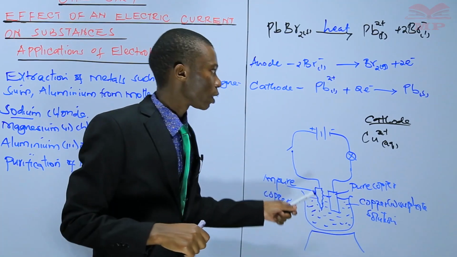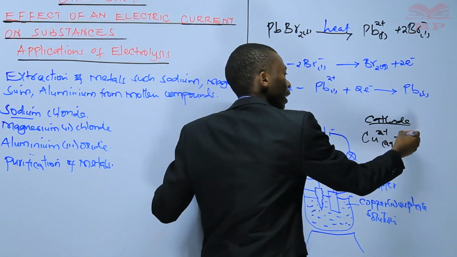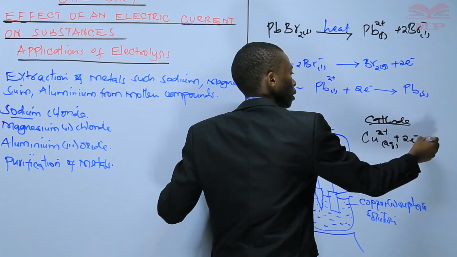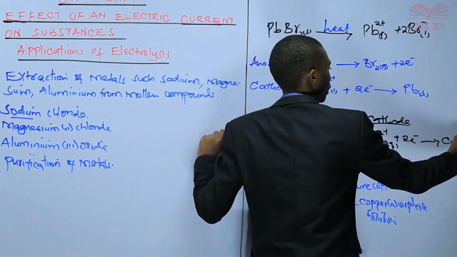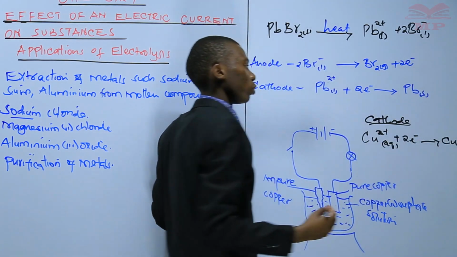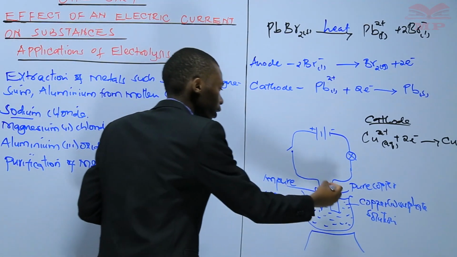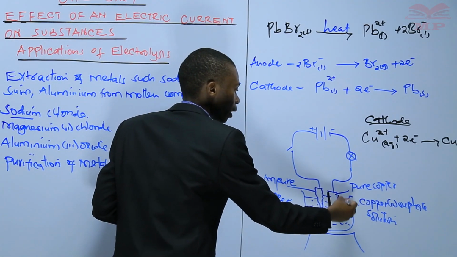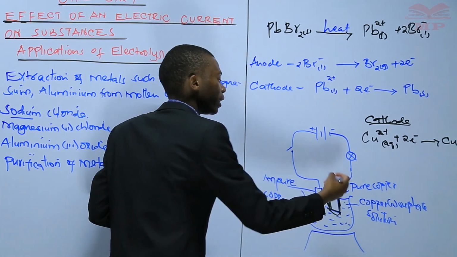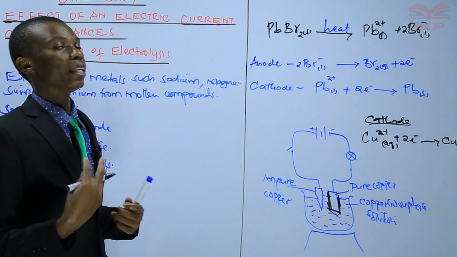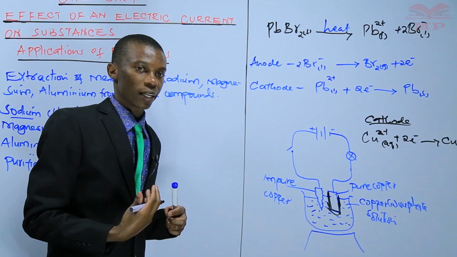Then at that cathode, these copper ions gain electrons and they are deposited. Deposit copper metal. And therefore, the copper cathode will be increasing in size.